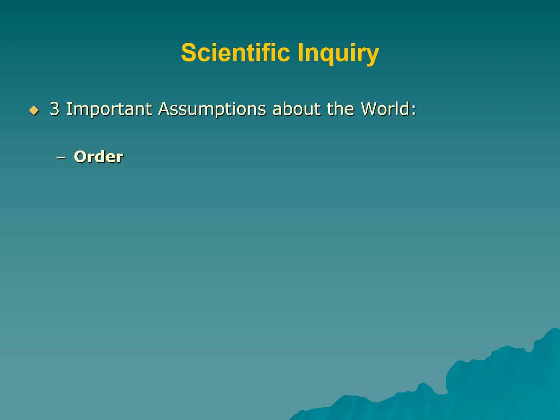And wait, that's an order. New items on the top of the pile, old items at the bottom of the pile. So again, the universe may be a chaos. However, human beings are trying their best to create orders in order to understand their surroundings.